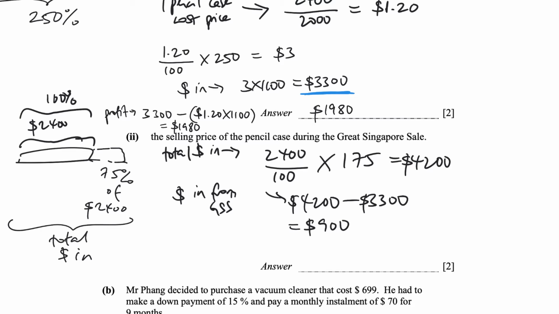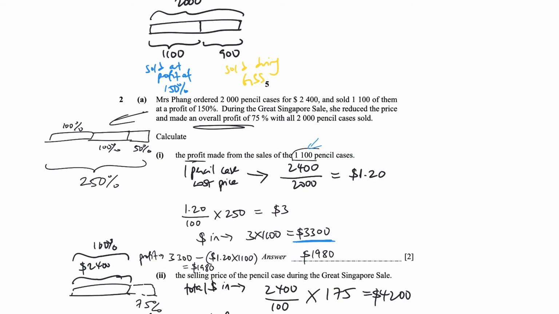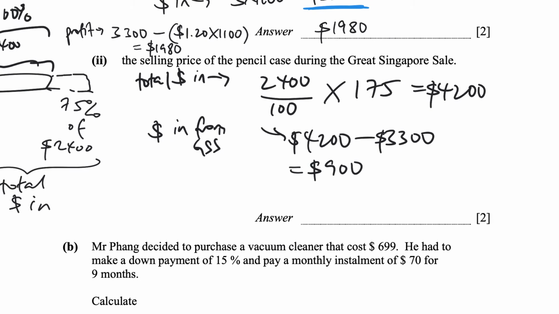So $900 came in from the GSS. How many pencil cases did she sell in the GSS? 900. So how much did each pencil case cost? $900 divided by 900 pencil cases. $1 each. She sold each one for $1.